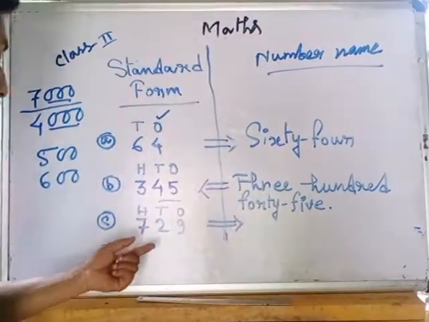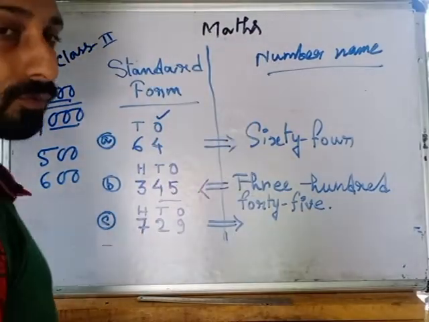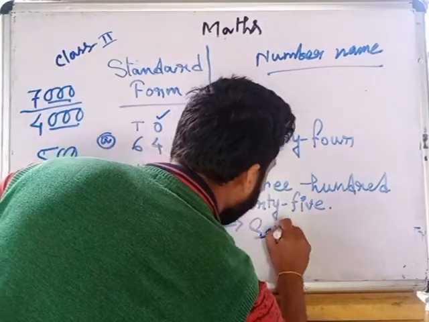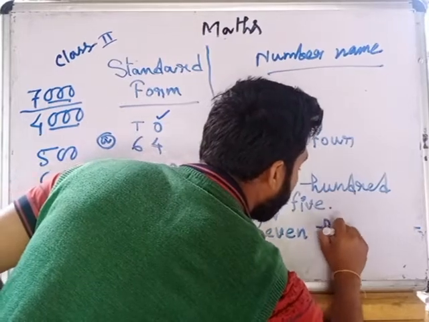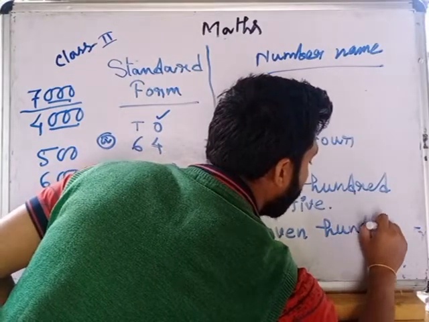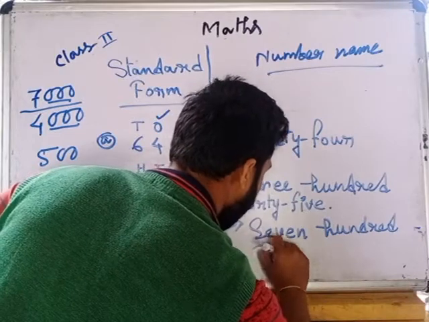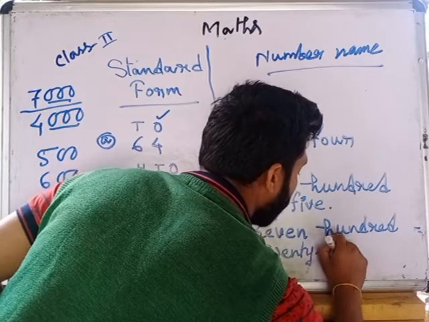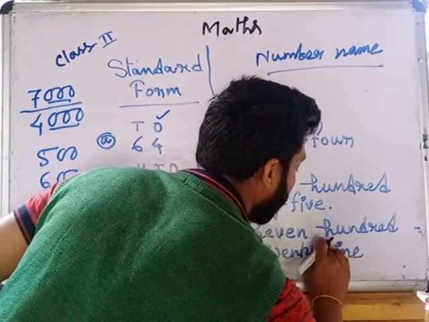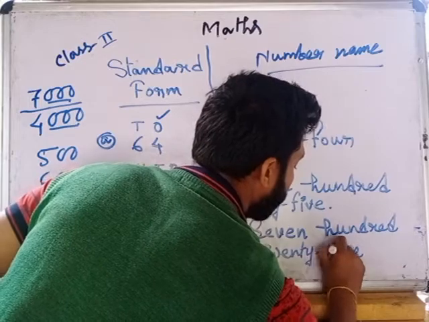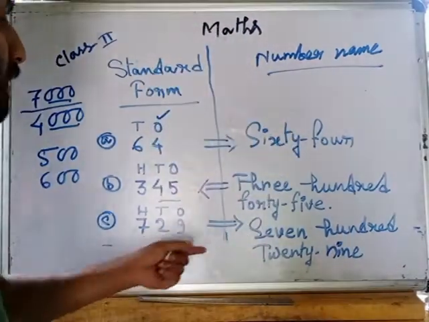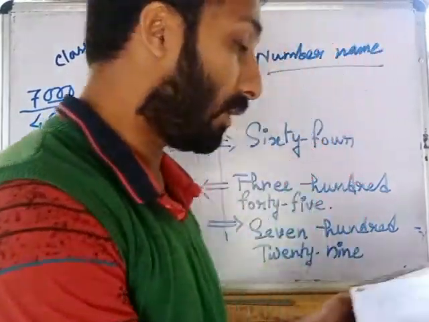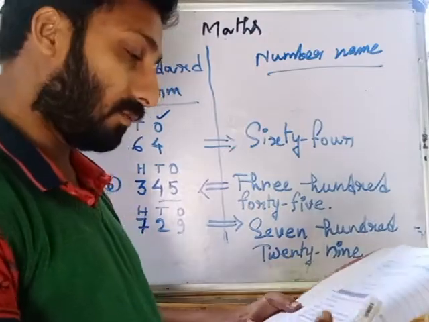If it is 729, it is 700 and 29. We should write in small letters. The starting letter should be capital, otherwise all of these letters are small.